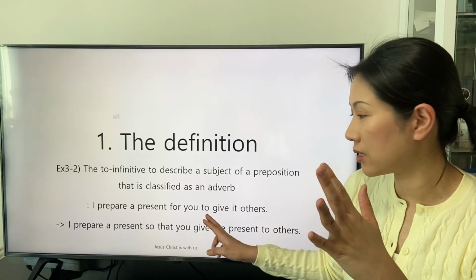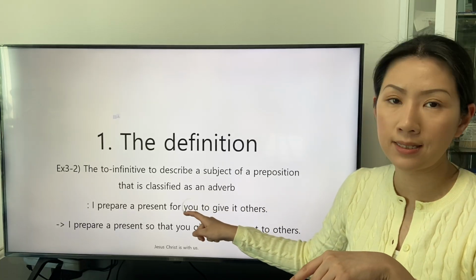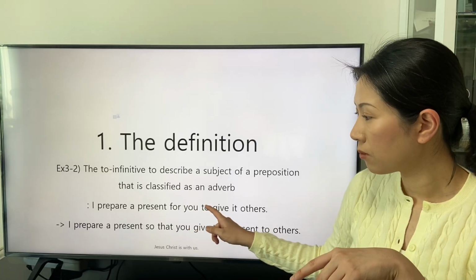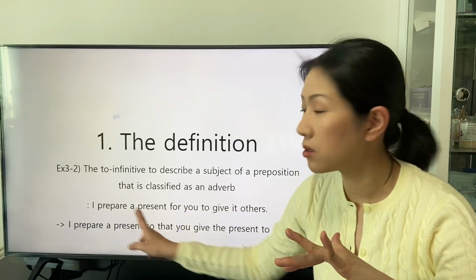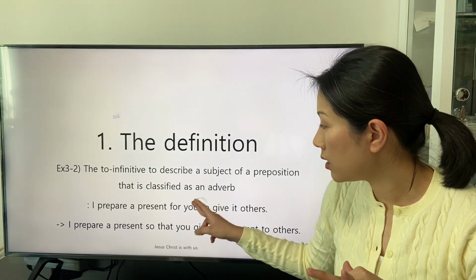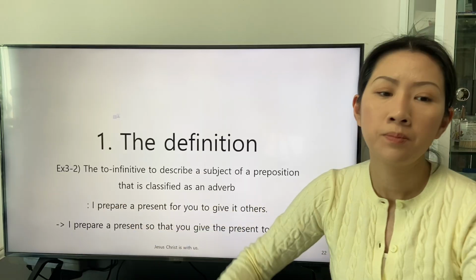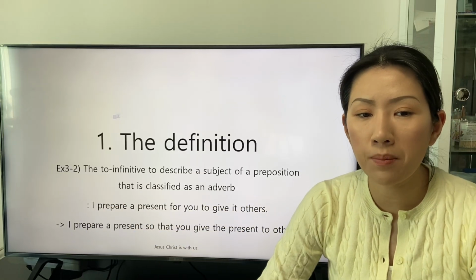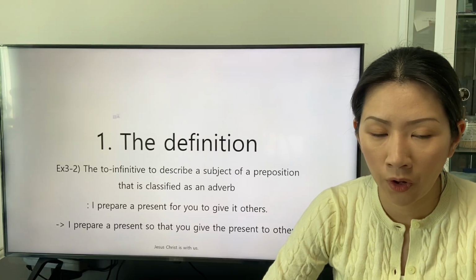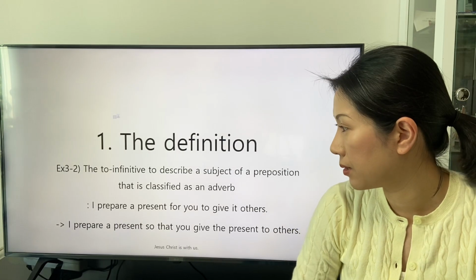In the case that the direct subject of the preposition exists, then the subject of the clause becomes the indirect subject. The to infinitive describes a subject of a preposition that is classified as an adverb.